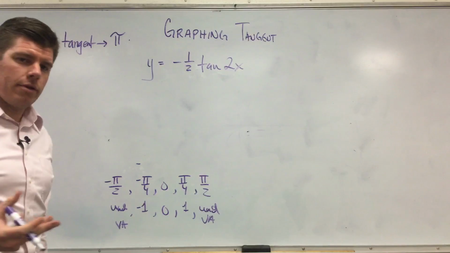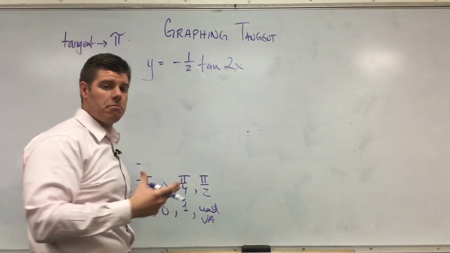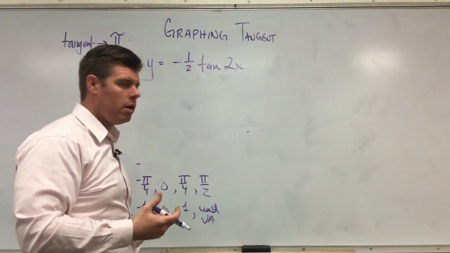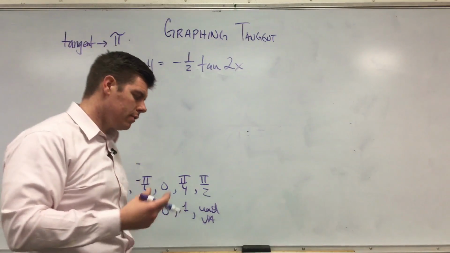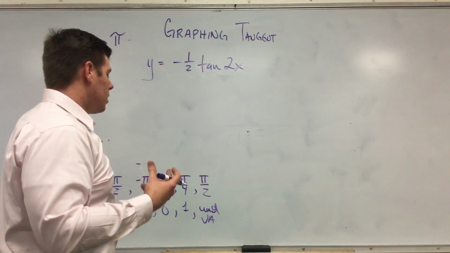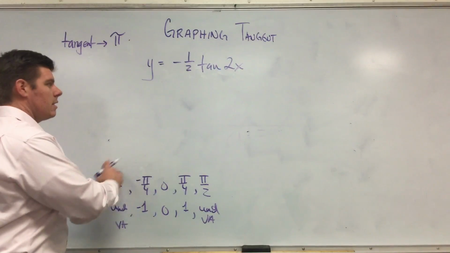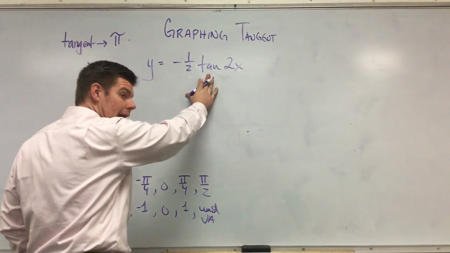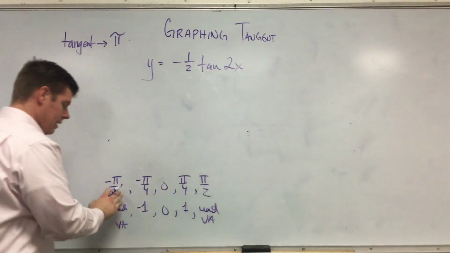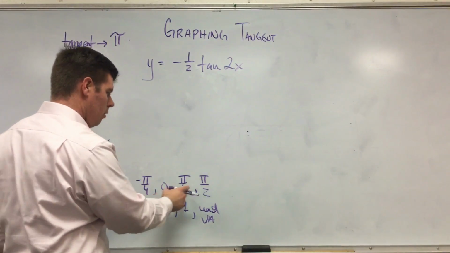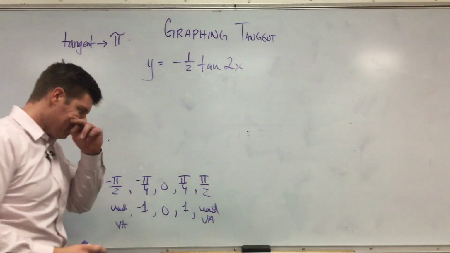So a couple things we have to remember. I like to call them critical values. Tangent only wants to take the values of, say, negative pi over 2, negative pi over 4, 0, pi over 4, and pi over 2.